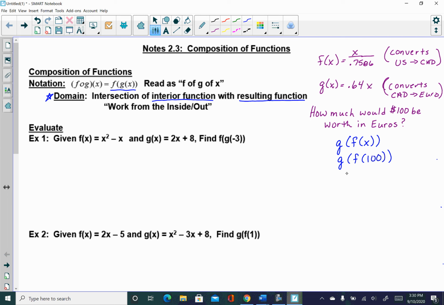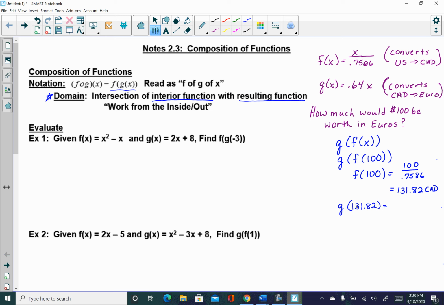So f of 100 would be 100 divided by 0.7586. When we do that, that should land you at 131.82. So that gives you 131.82 Canadian dollars. So now to convert these Canadian dollars into euros, we've found out that f of 100 is equal to 131.82.